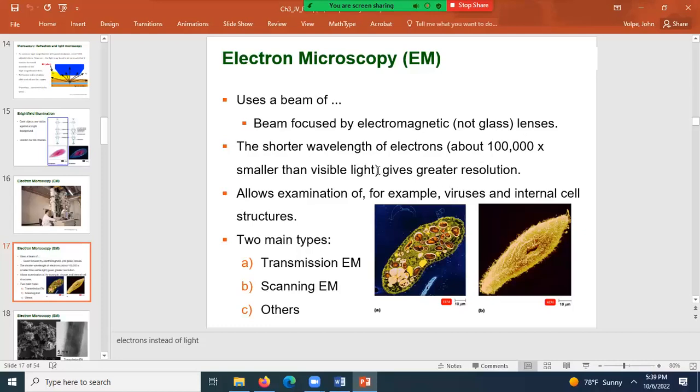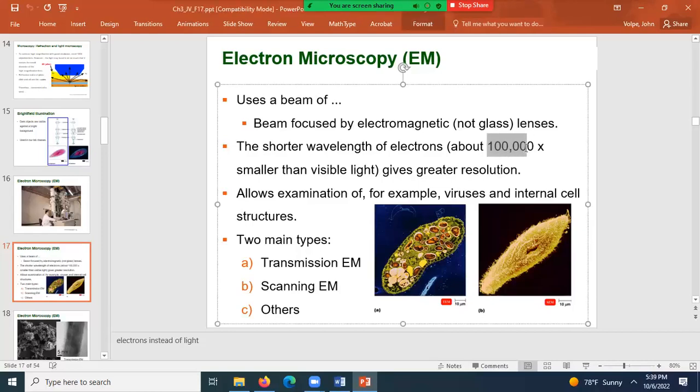Electrons have a shorter wavelength than light, and that allows us to magnify many times more, about 100,000 times more, and it gives greater resolution.